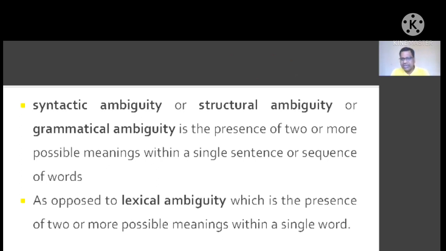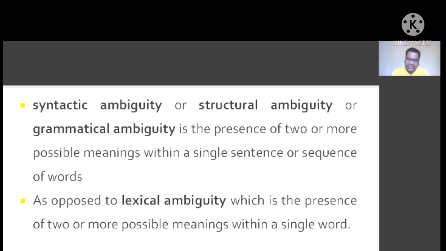The syntactic ambiguity, or structural ambiguity, or as you call it, grammatical ambiguity, is the presence of two or more possible meanings within a single sentence or a sequence of words. On the contrary, you see lexical ambiguity.